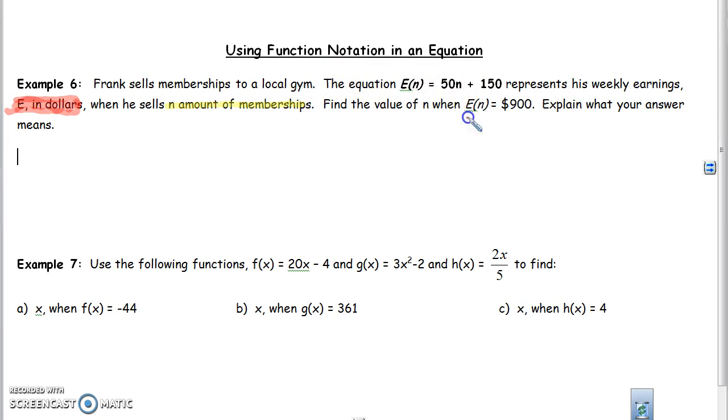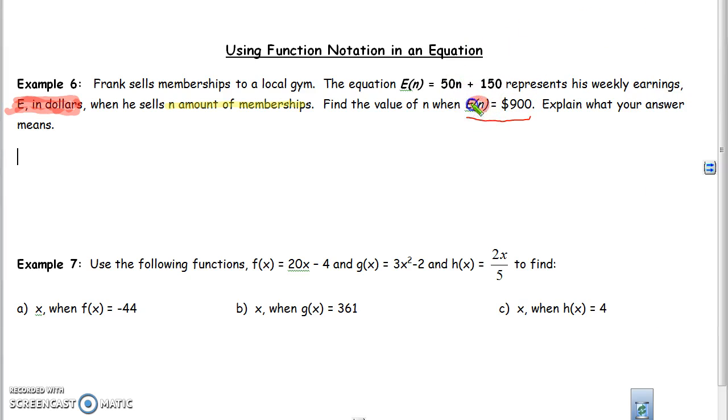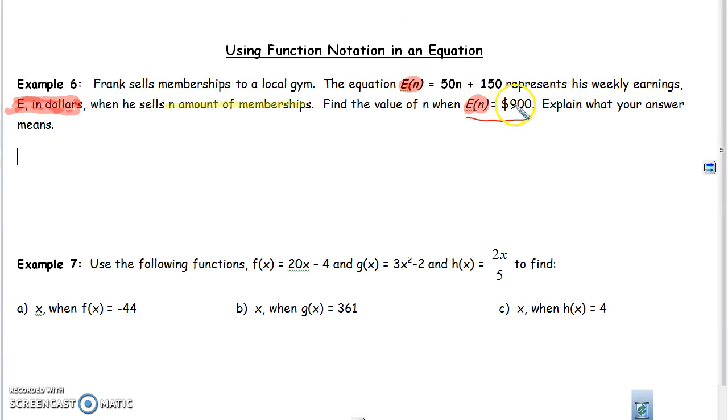This is very simply saying E of n equals 900, so you simply substitute 900 for E of n. You want to know how many memberships he sold to get $900.